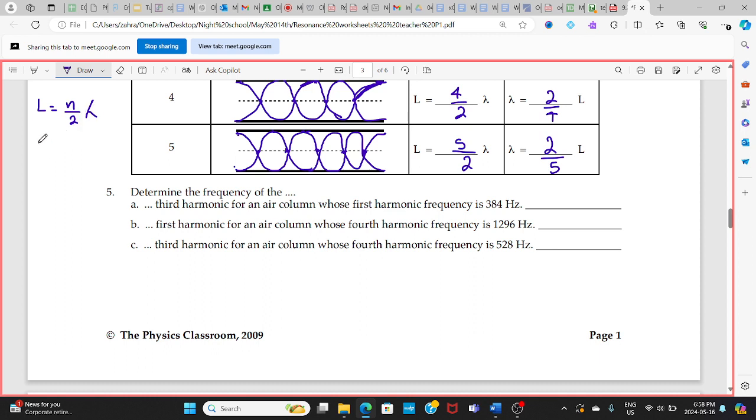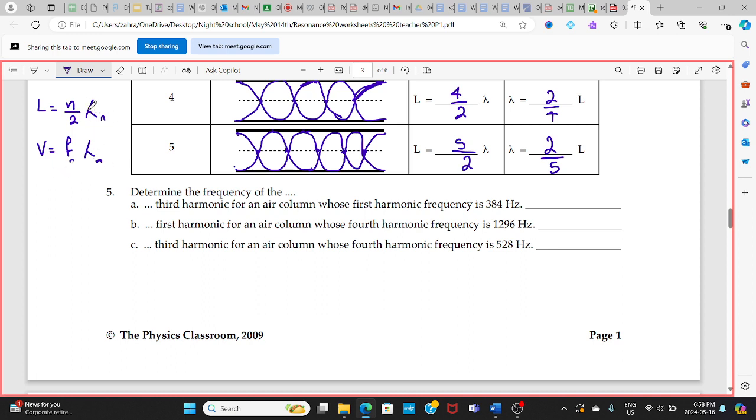And we know that from the universal wave equation, velocity of the wave is frequency multiplied by lambda. So this is the lambda n. I know the length is constant, but here is n and here is lambda n. Just put this little subscript. If it is the first harmonic, it would be the lambda belonging to the first harmonic. Also, I just put a little n here and here, to make sure that they could be for first harmonic, second harmonic, and so on.